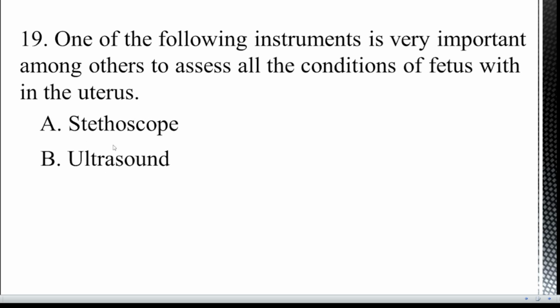Yeah, ultrasound can assess the condition of the fetus within the uterus: the age of the fetus, the normal range of the amniotic fluid within the womb or uterus. The position of the fetus can be assessed by the ultrasound.